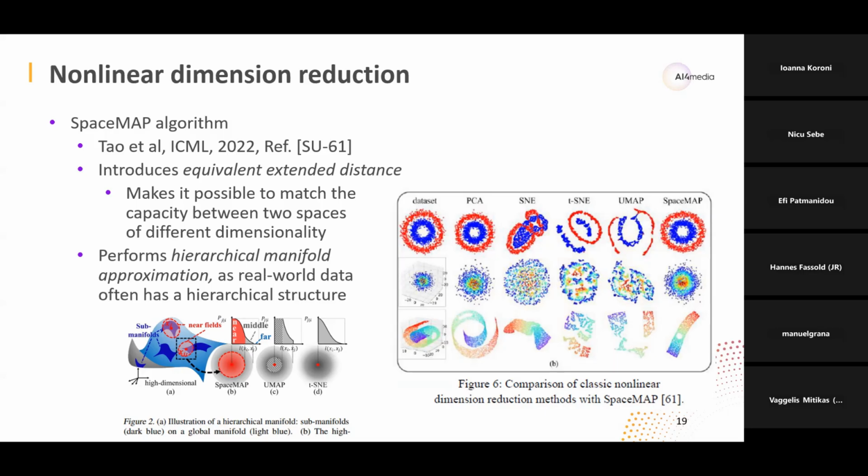The one is what they call equivalent extended distance, which makes it possible to match the capacity between two spaces of different dimensionality. And of course, that's what you're actually doing in nonlinear dimension reduction.